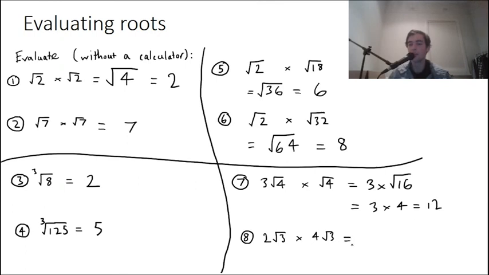And last one, very similar. I can multiply these two numbers though, and I can multiply the 2 square roots. By the way, the reason I can do this is because this is 2 times square root of 3 times 4 times square root of 3. But I could just rearrange these a little bit. If you've got a whole lot of things multiplied, it doesn't matter which order you have them. They'll still be multiplied at the end. So I can have 2 times 4 times square root of 3 times square root of 3.